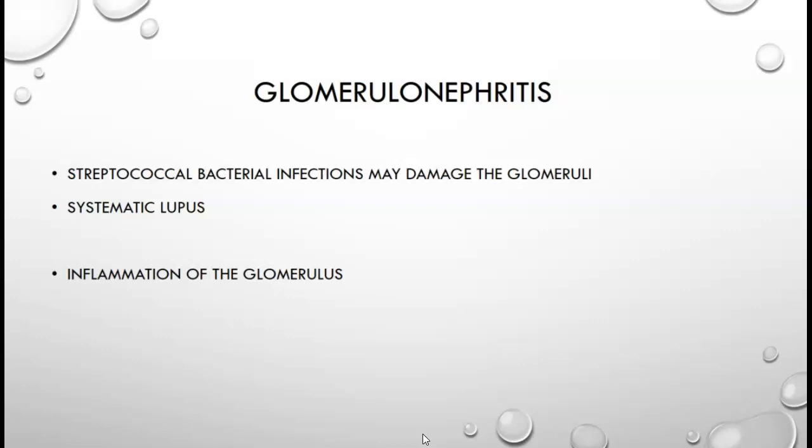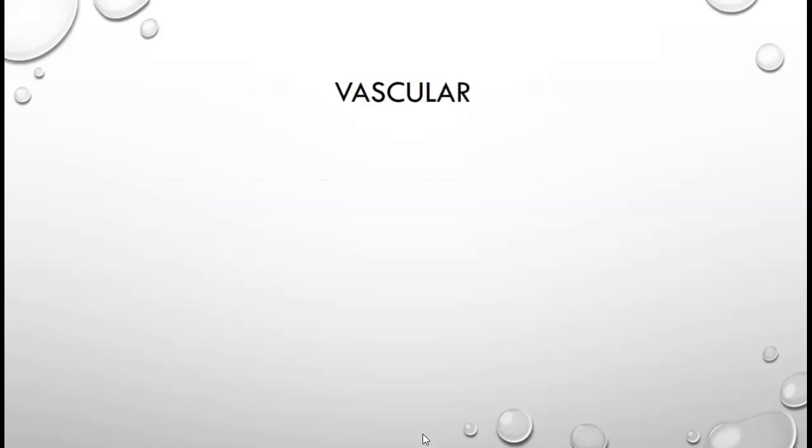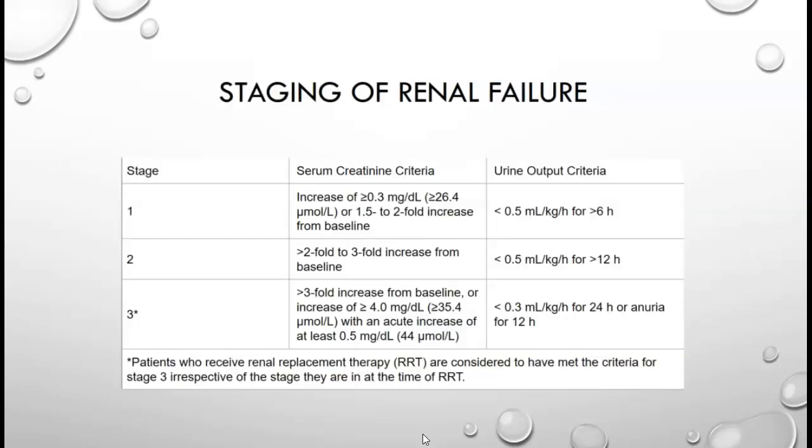Anybody with glomerulonephritis, though, probably needs to be seen by a nephrologist just to be sure. We do have 2 kidneys, and they are pretty amazing, but we don't want to lose them if we can help it. And then I already talked about vascular changes. So this is the stages for renal failure.